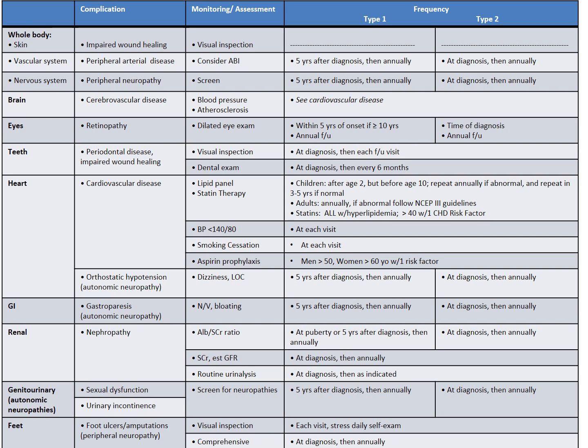So retinal exams, dental exams, vascular exams, blood pressure, assessing renal function, assessing for neuropathy, sexual dysfunction, assessing men for erectile dysfunction, and even assessing women for sexual dysfunction. Sexual dysfunction is a common problem with individuals with type 2 diabetes.